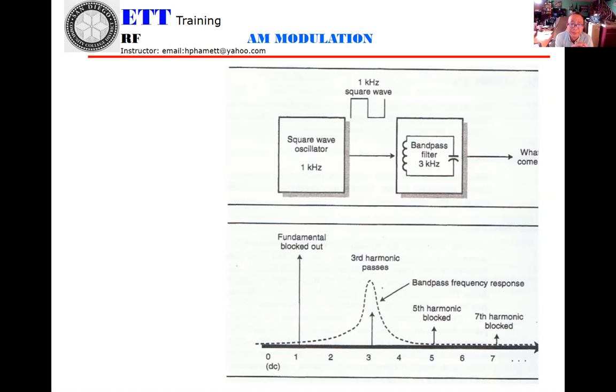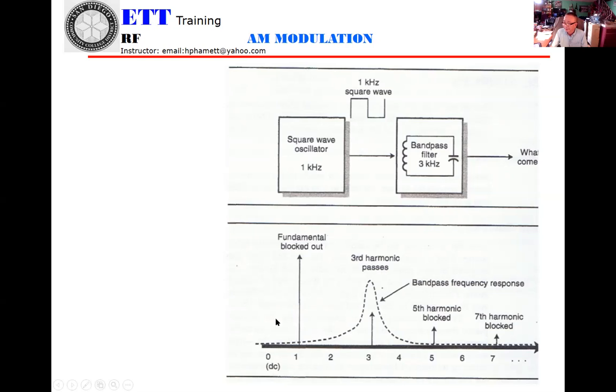You remember, a 1 kilohertz square wave can get just the odd harmonics, 3K, 5K, 7K, and so on. So they display in here telling you the third harmonic will be part. They want 3K.